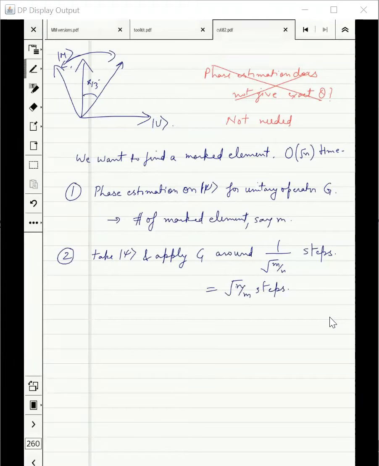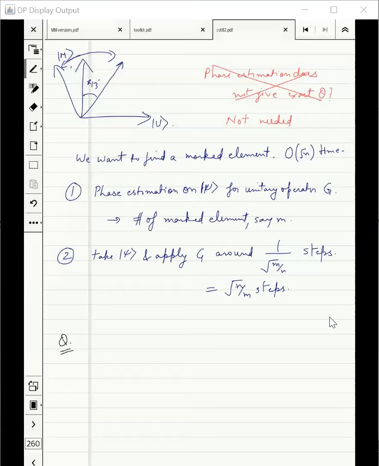How will you prove that the query complexity of this algorithm is O of square root n? Because M is greater than or equal to 1. Okay. But that will only be used for the second step, right?